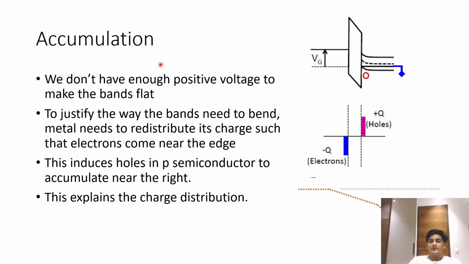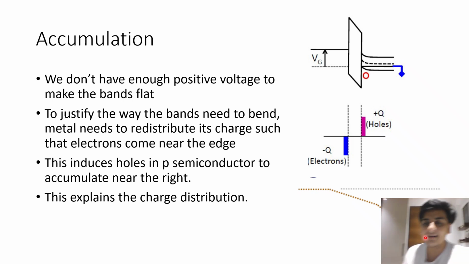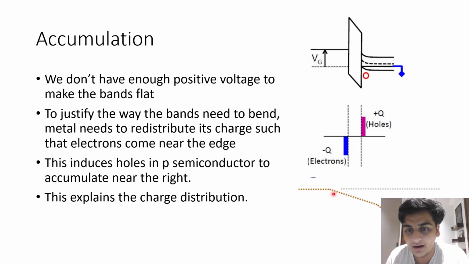Now, given that we know that these bands are bending in this way, right? This is the vacuum level, for example, it's bending downwards. We know that this band bending essentially implies an electric field.